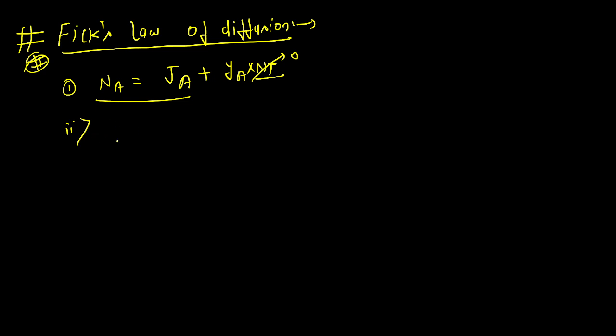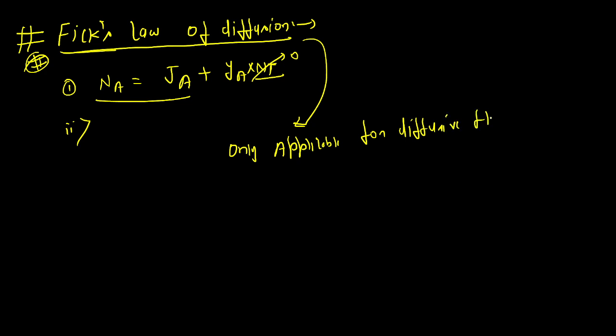Here, Fick's law is only applicable for the diffusive flux, right? So try to understand, it is only applicable for diffusive flux, and I denote the diffusive flux as Ji. Fick's law says that Ji is directly proportional to the concentration gradient, right?